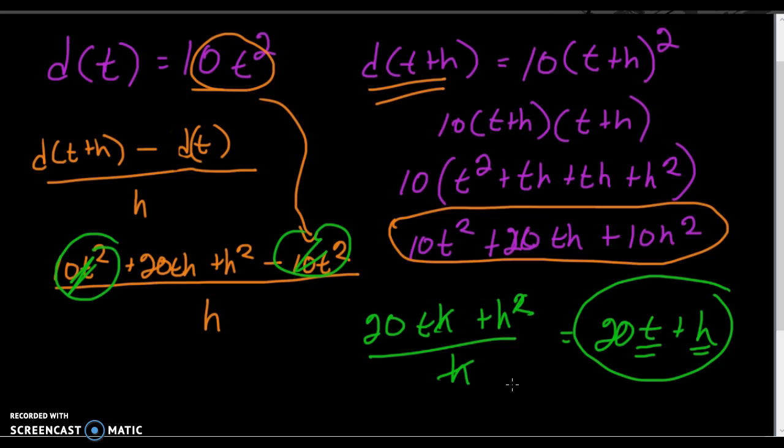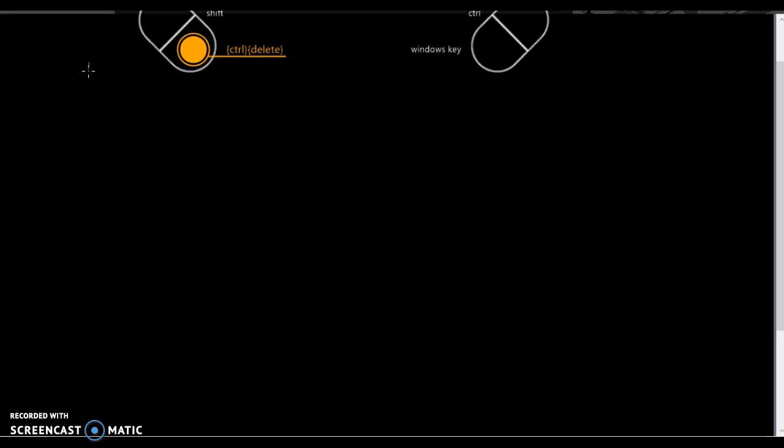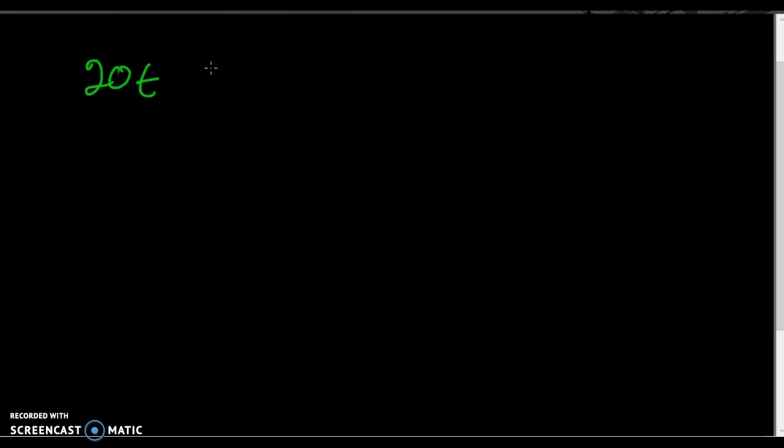See, now I can take this difference quotient, which was 20t plus 10h. And if I say it was about speed, let's say I want to know the speed of a car at t equals 5 seconds, and I want to know how it changed within 0.05 seconds away. How fast is this car changing?